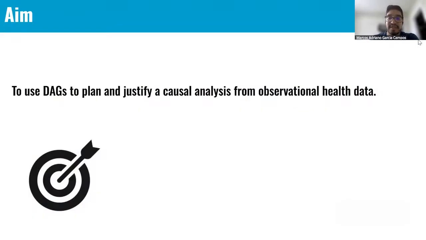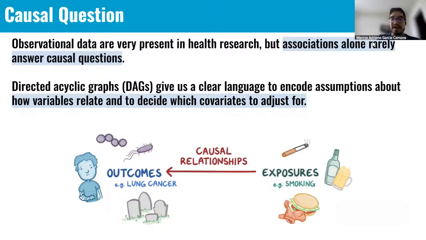Our goal is to use DAGs to plan and justify causal analysis from observational health data. And so, what is a causal question? Usually during our studies, especially in observational studies, we have causal questions very present in health research, but we usually study associations, and we know that association alone doesn't explain the whole causal question.